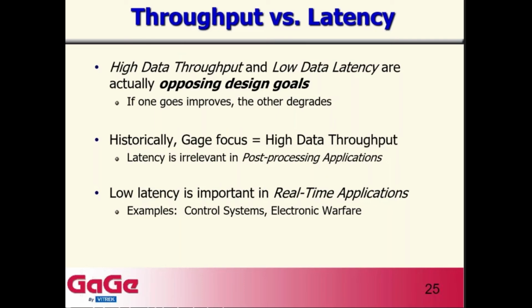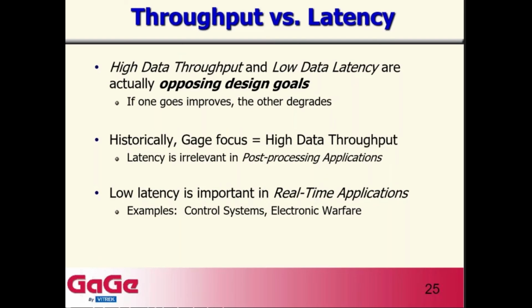And in those applications, you really don't care about data latency. If the data comes through a little late by a few milliseconds or seconds even, you're okay as long as you end up with everything and can process it within reason. So latency isn't important in a post-processing application. However, in a real-time application, latency is very important.